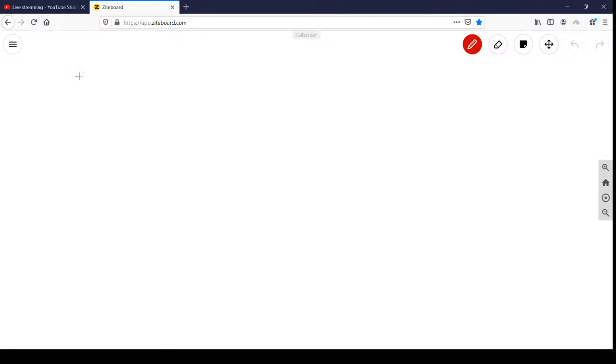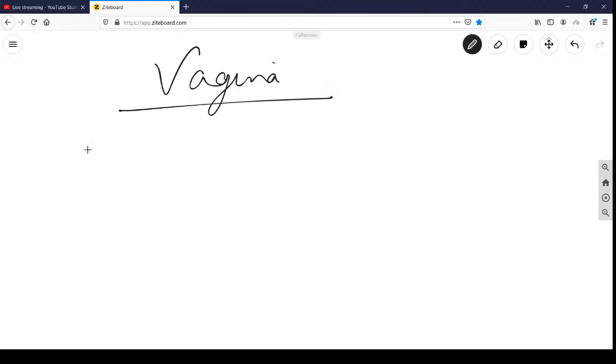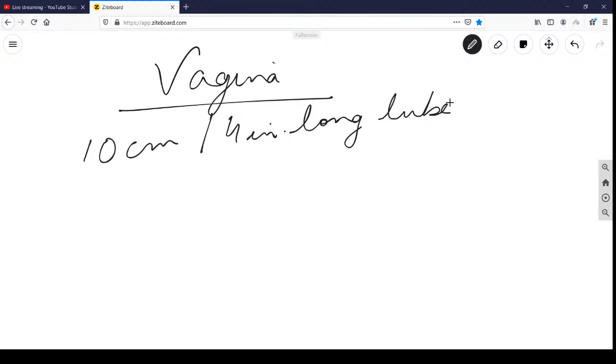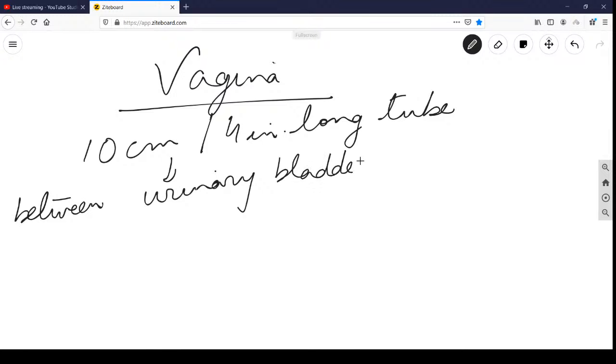Okay, 10 centimeter, or 4-inch long tube, present between the urinary bladder and rectum.